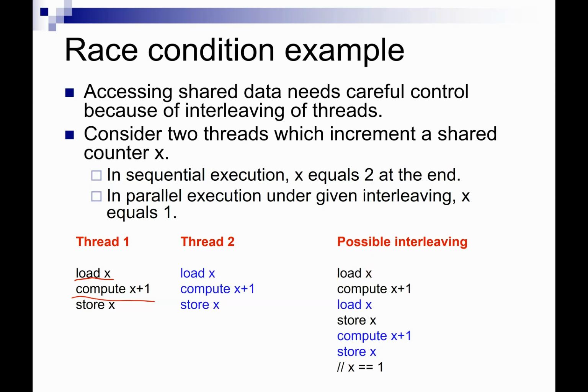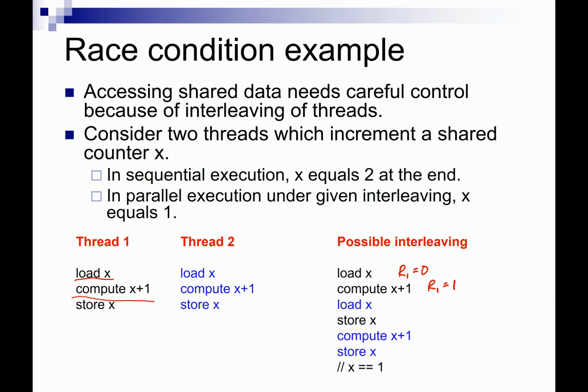So thread 1 is first of all going to load x into its register 1, right? So if x initially was equal to 0, then now we have register 1 is equal to 0. Okay, and then it's going to increment x. So now register 1 is going to be equal to 1, right? It's going to increment x in its registers. And then next, suppose at this point, thread 2 does its first operation.